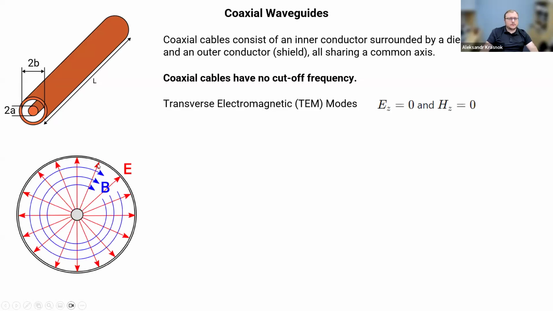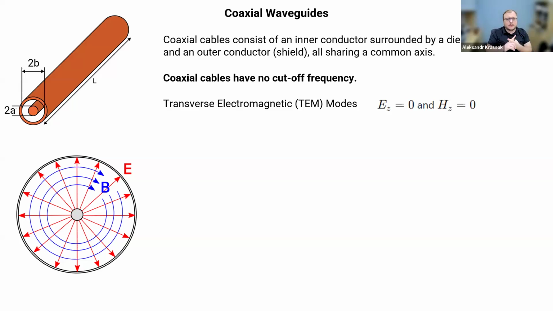It means that not only does the electric field have no component along the propagation, or magnetic field, no magnetic field along the propagation, as we had for TE and TM modes, right?